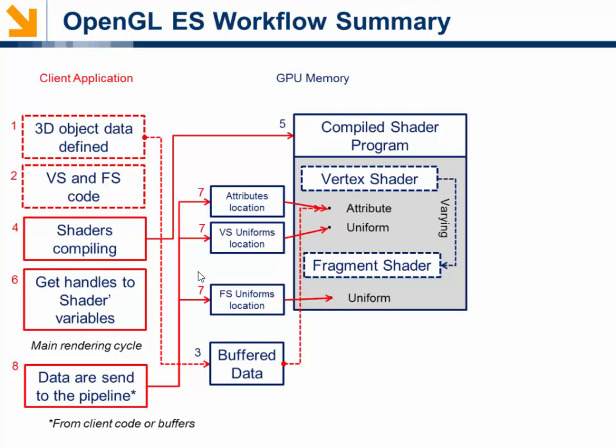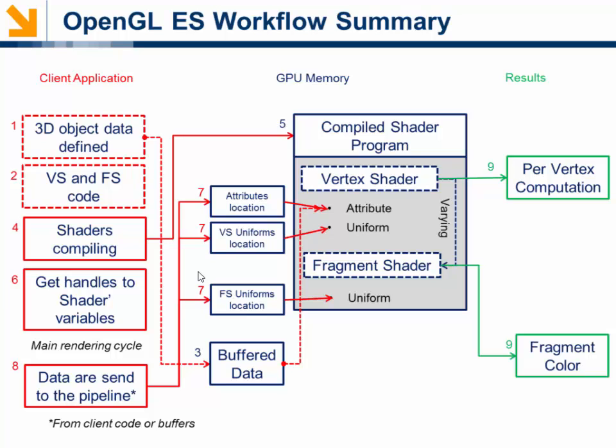Or if we have buffered some of the data, those about vertices and normals, then we allow communication between the buffered data and the proper location where they are expected. So in the end, the vertex shader is able to do all its per-vertex computation, and the fragment shader, using those partial results, completes the computation of the color of a portion of the image.